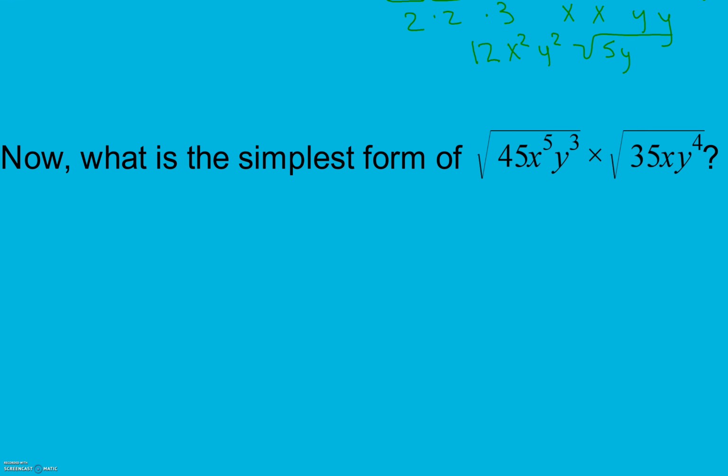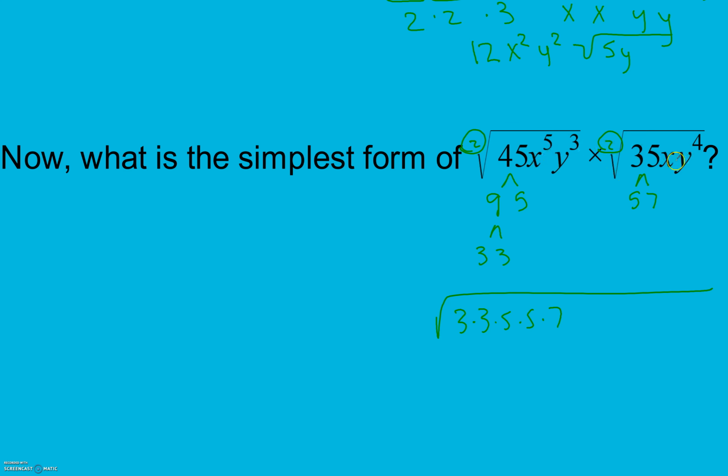Okay, now go ahead and give this one a try. Again, we're going to break it down first. That's how I like to do it. Because they're both square roots, same index, I can rewrite them as one radical. So I'm going to break them down into their pieces first rather than multiplying them together because it's easier to do that when I have littler pieces. So inside my square root, I have a 3, a 3, a 5, and a 7.